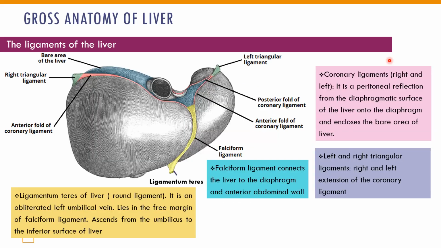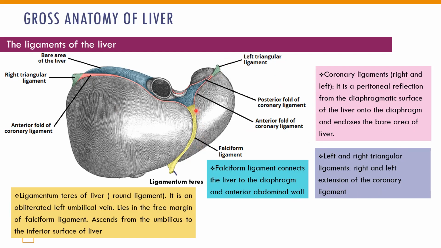Okay, let's go one by one. The coronary ligament. So this is the coronary ligament. It is a peritoneal reflection from the diaphragmatic surface of the liver onto the diaphragm and encloses the bare area of the liver. And the left and right triangular ligaments are extensions of the coronary ligament.